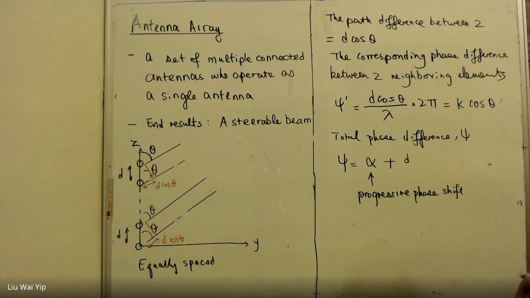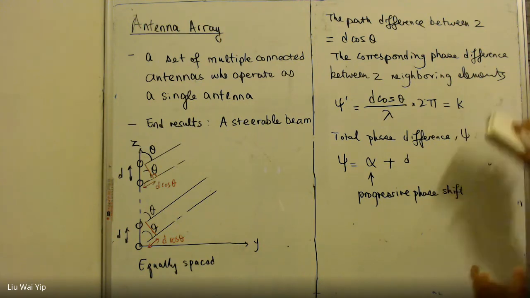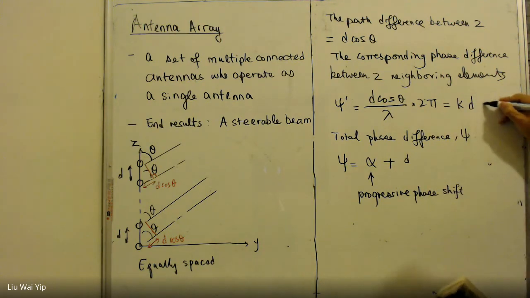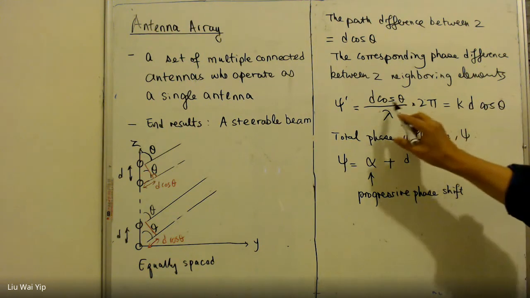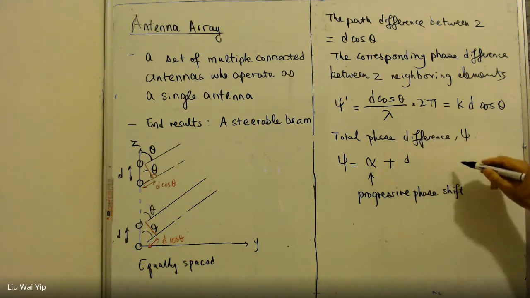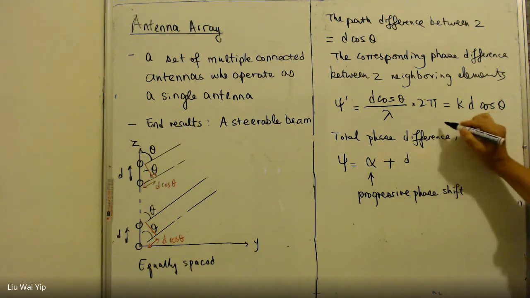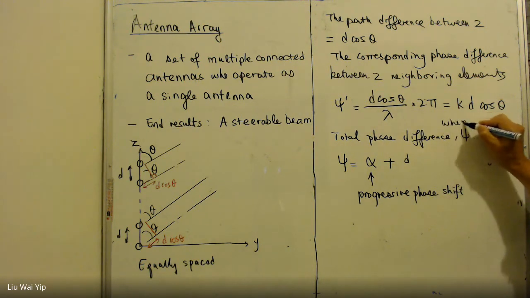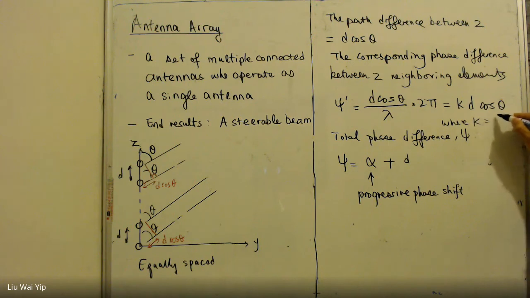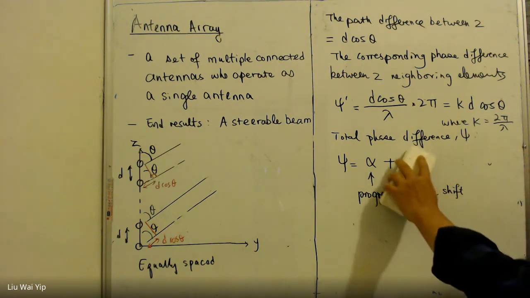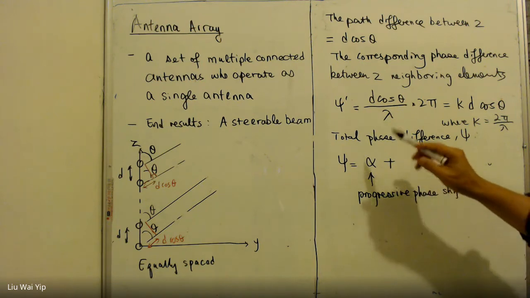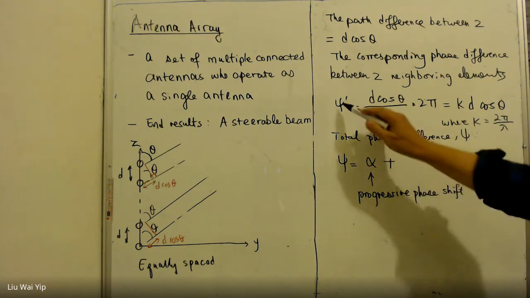So k times d beta. So k here is equivalent to 2 pi divided by lambda. So I would say where k is equal to 2 pi divided by lambda. And with this in mind, the total phase shift would be alpha plus this value.